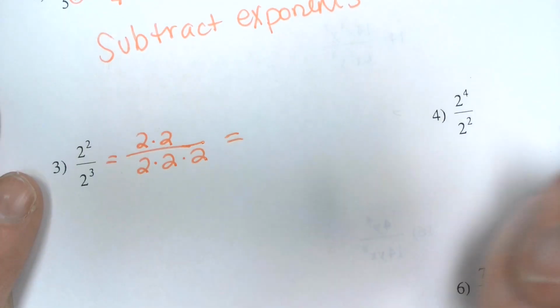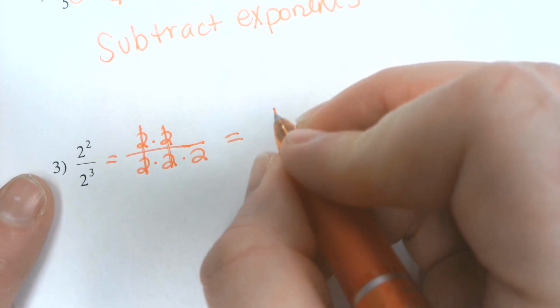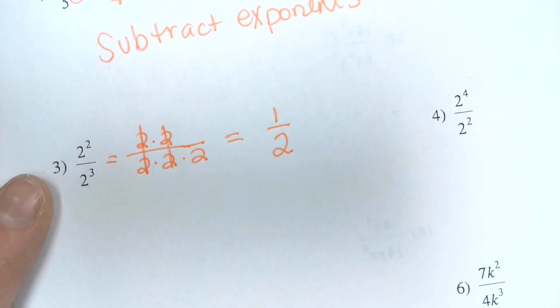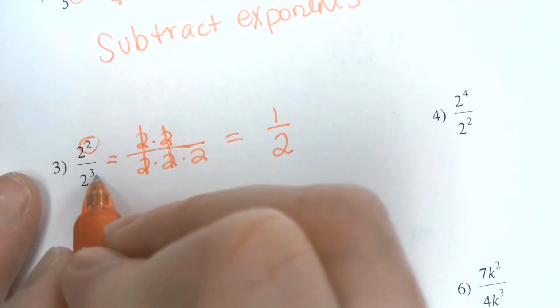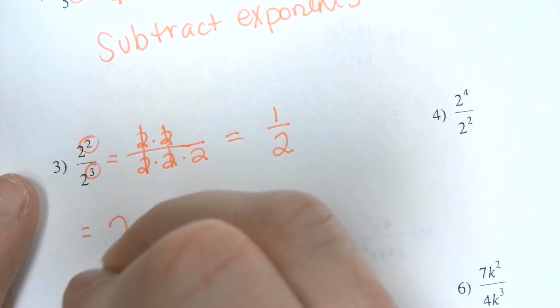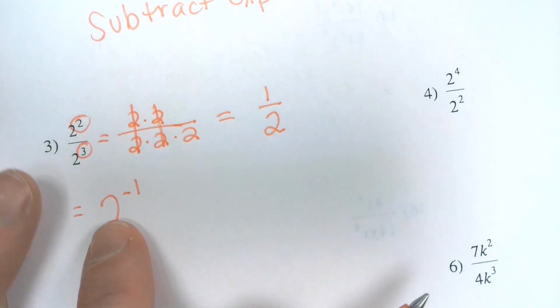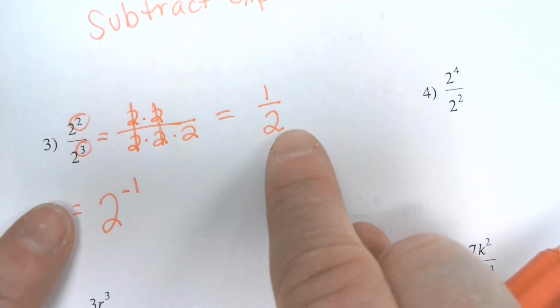So when we expand it out, we're able to simplify 2 pairs, and we're left with 1 over 2. So if you look, if we subtract 2 and 3, we get a negative 1, really, right? 2 to the negative 1. So whenever you have a negative exponent, it's going to end up being on the bottom.